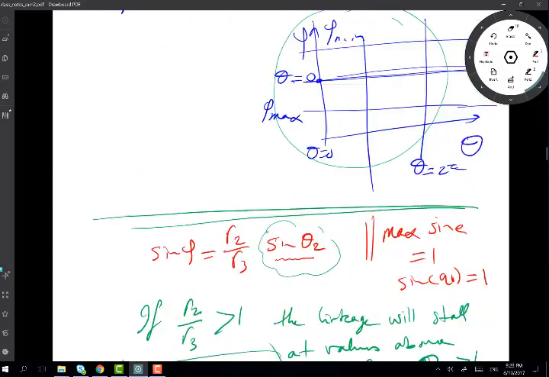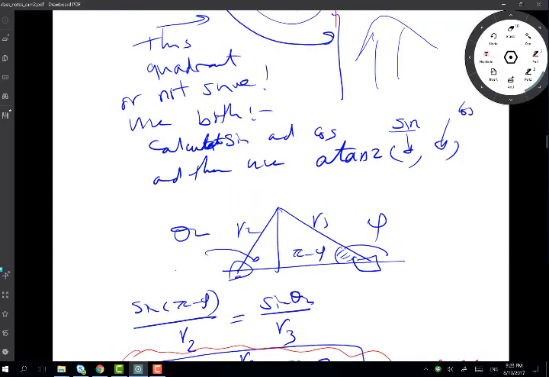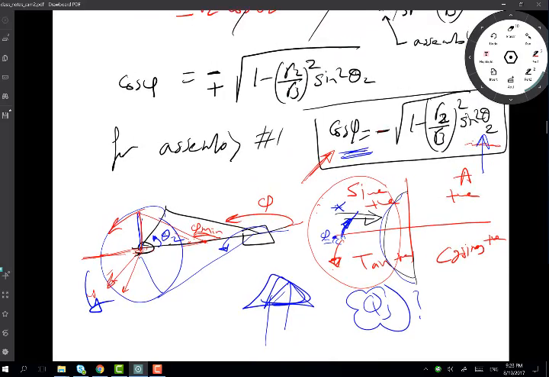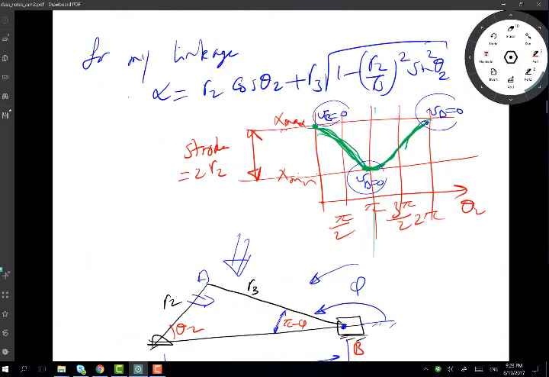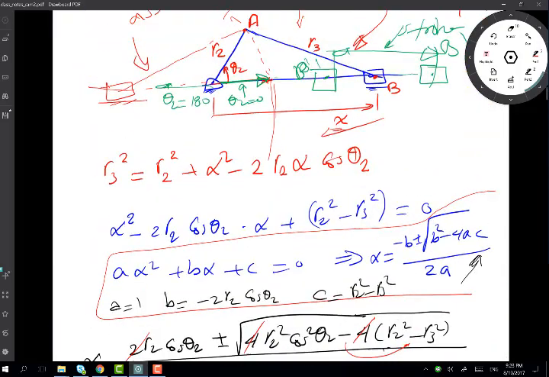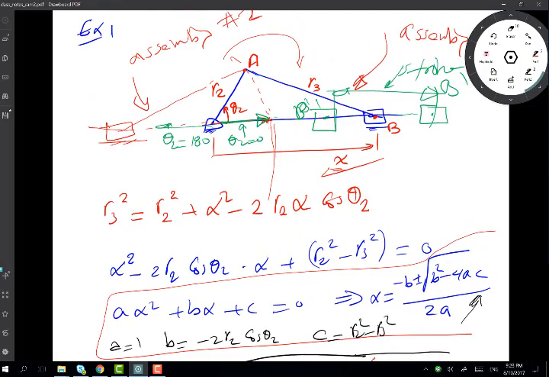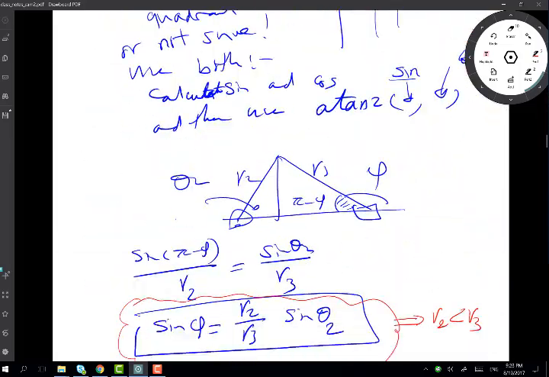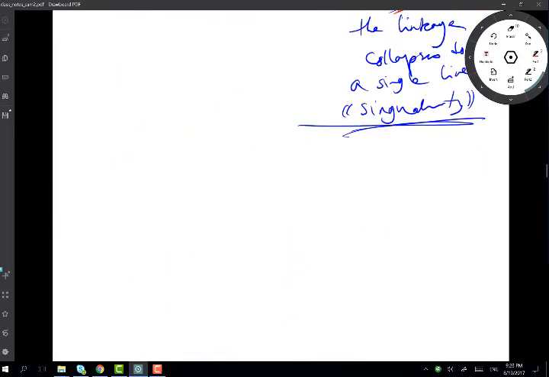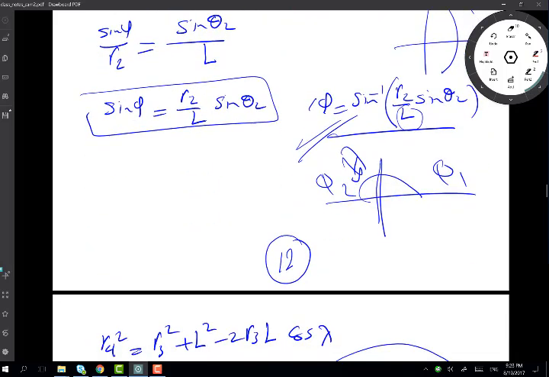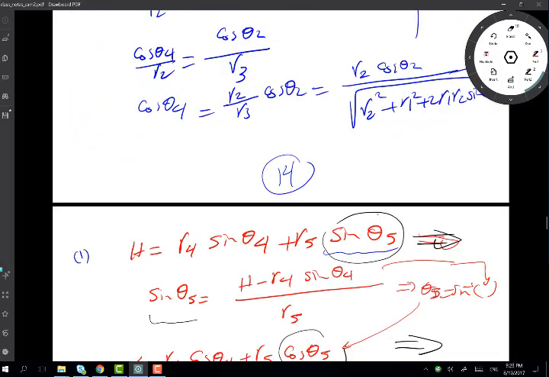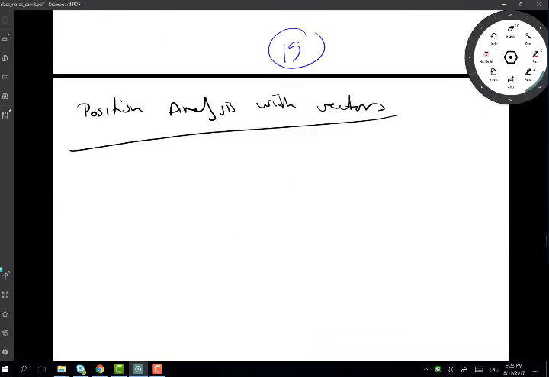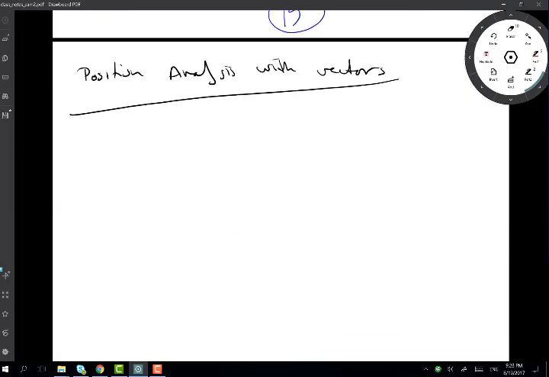In the previous lecture, in the slider crank linkage, my two unknowns were the angle of the conrod phi and the position of the slider x. So I always have those unknowns, and I find equations for them in terms of the given input to the linkage. The same thing will apply when we do position analysis with vectors, because this is the main concept of position analysis.